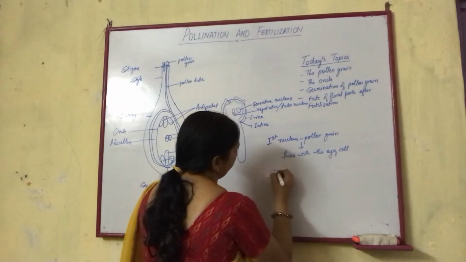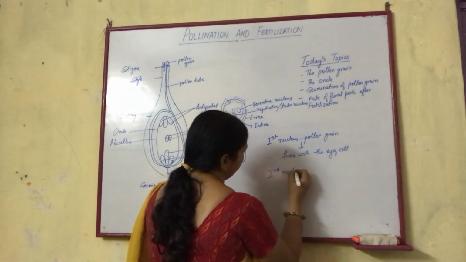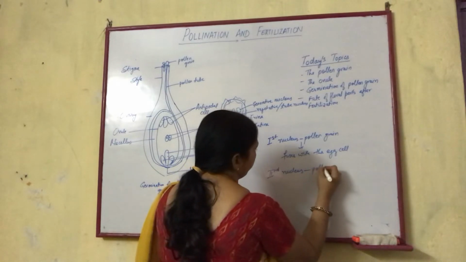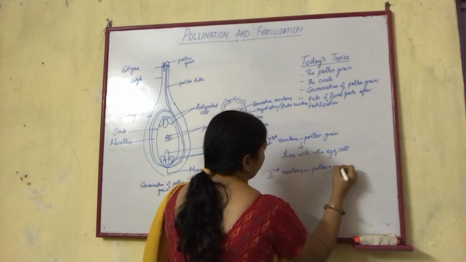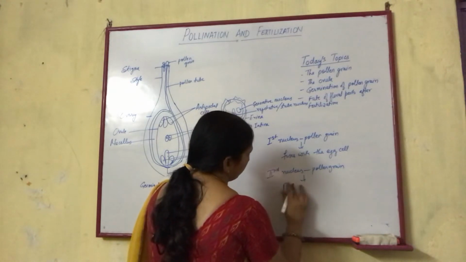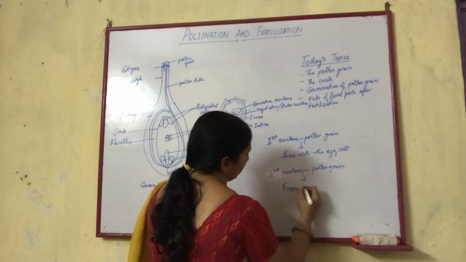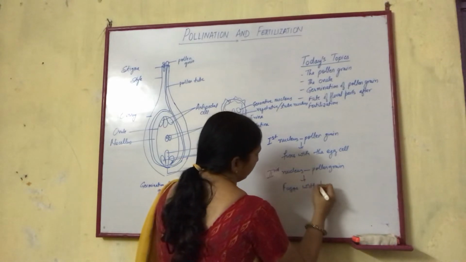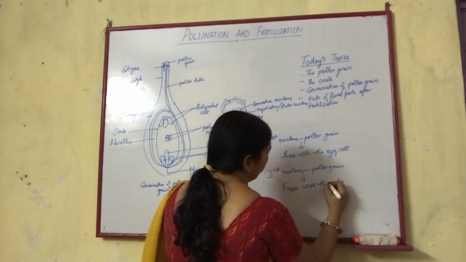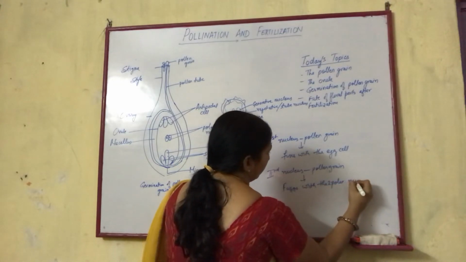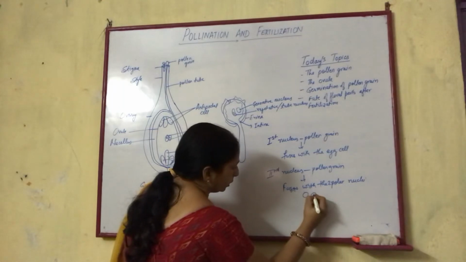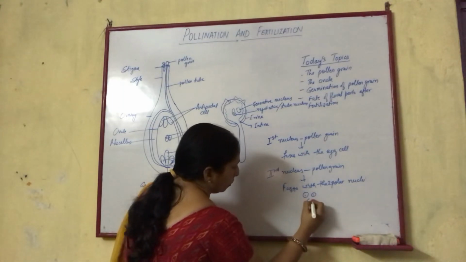The second nucleus of the pollen grain fuses with the two polar nuclei.